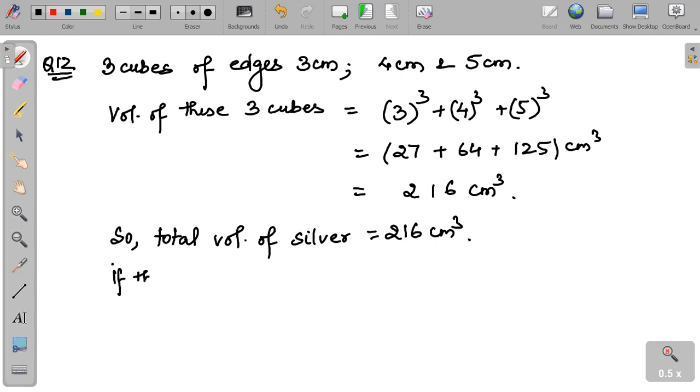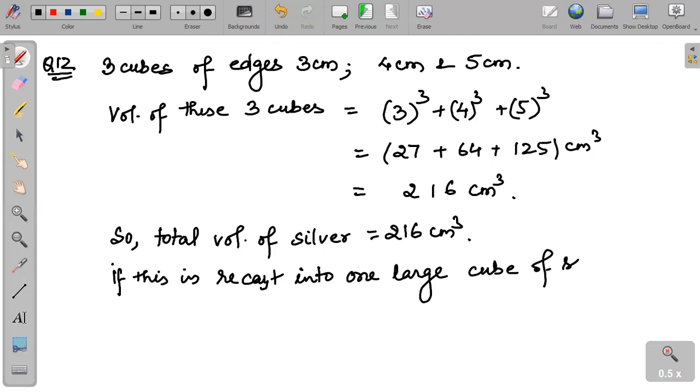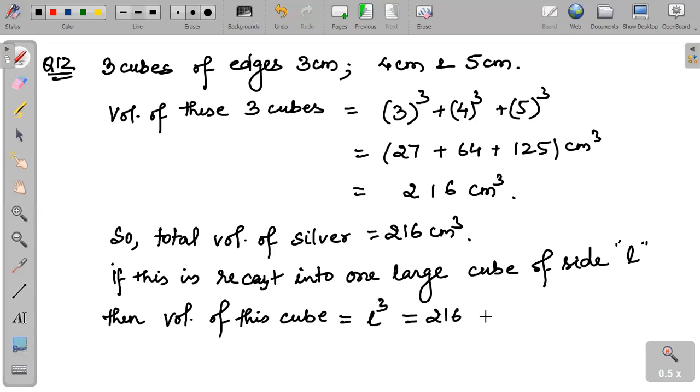If this is recast into one large cube of side L, then volume of this cube is equal to L cube is equal to 216 centimeter cube.